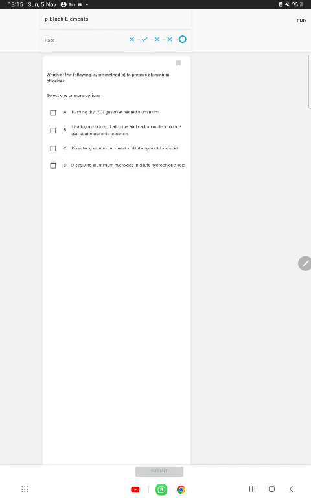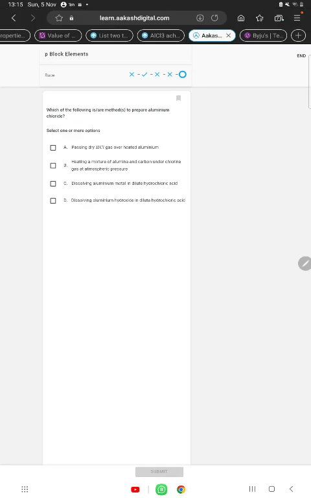Which of the following methods prepares aluminum chloride? Passing dry HCl gas over heated aluminum. Passing dry HCl over heated copper. So we have to prepare AlCl3.